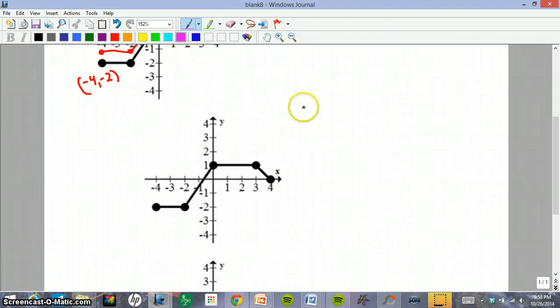So if I look at adding 1 to our inputs, I actually need to add another little tick mark over here for -5. Why? Going back to this original point, which is -4, -2, adding 1 is actually going to translate our graph left 1 unit. So -4, -2 now becomes -5, -2.